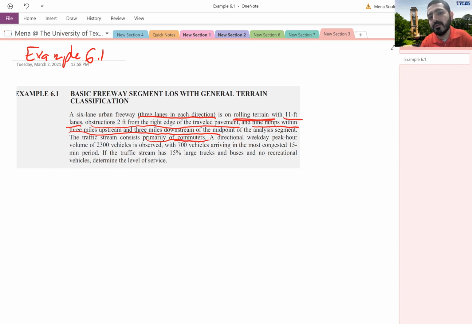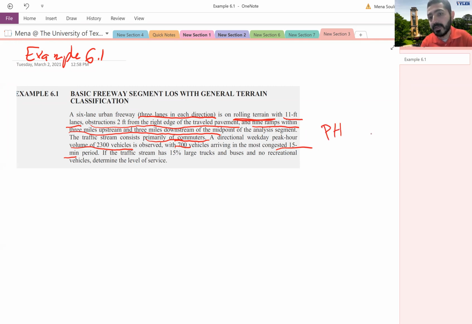We have a directional weekday peak hour volume of 2,300 vehicles. We're going to use this to get the vp, if you recall. And 700 vehicles arriving in the most congested 15 minutes. Why do we care about this highest 15 minutes? This is what we're gonna use to get the peak hour factor.